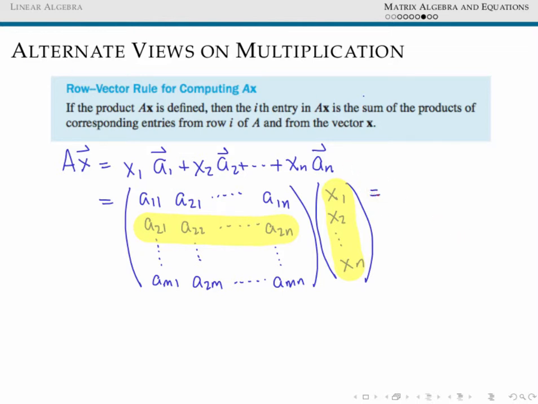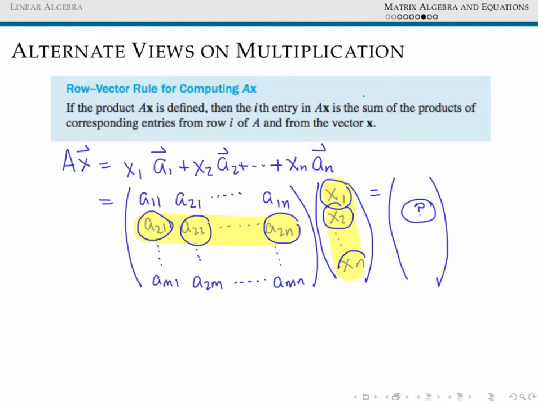And once I've selected which row of the matrix that I'm considering, that's going to tell me what the value of my row in my final product here is. So we'll match up this A21 with x1, A22 with x2, all the way down to A2n with xn.